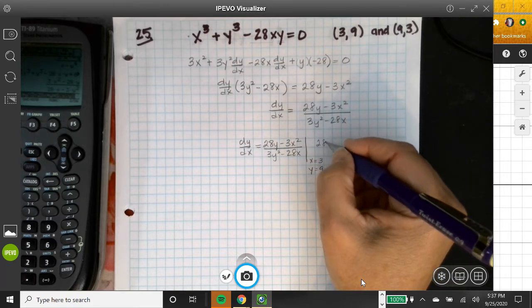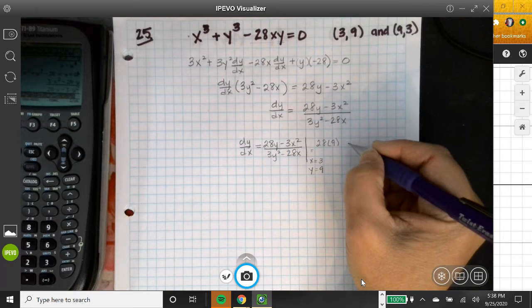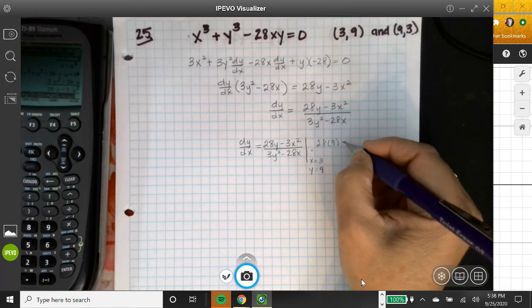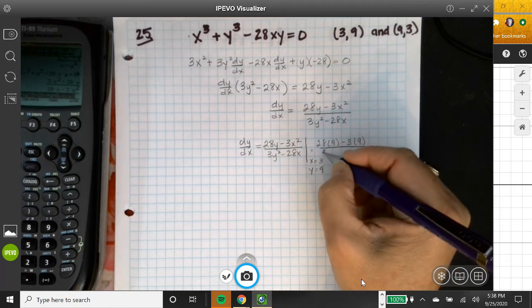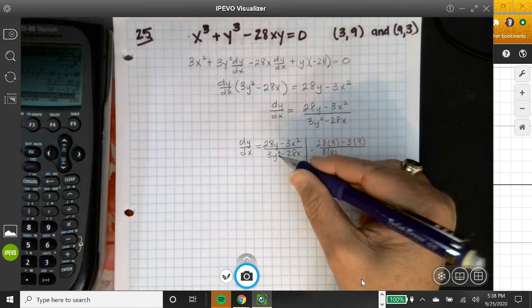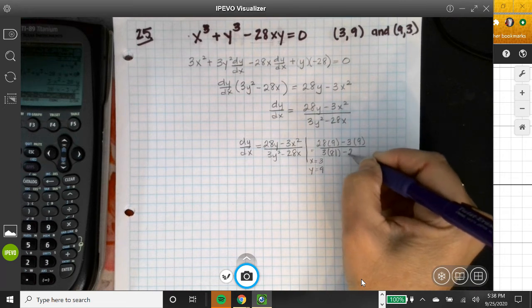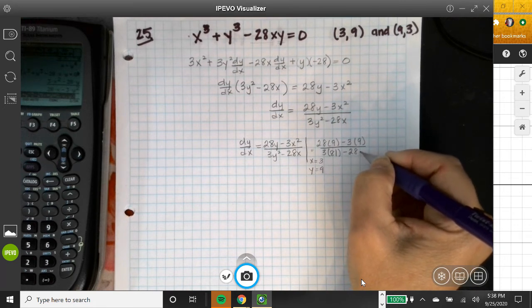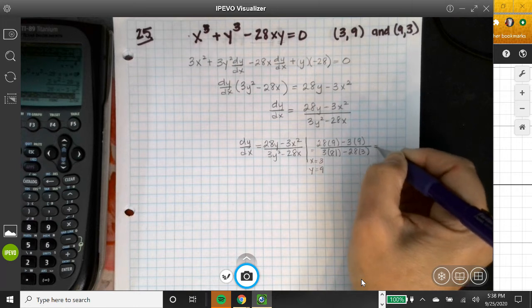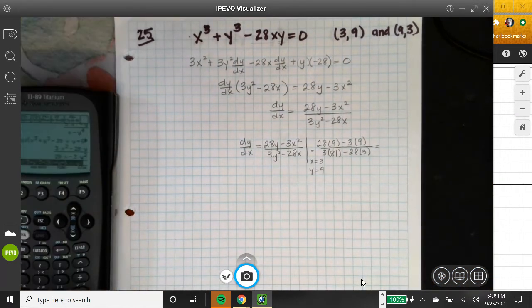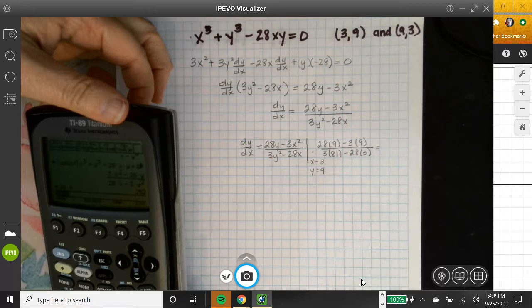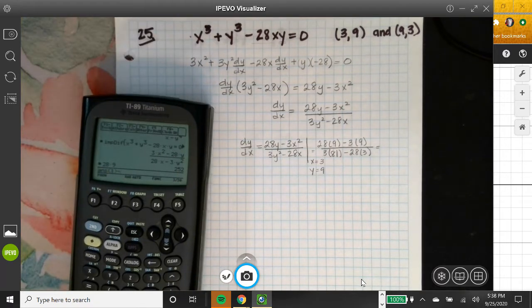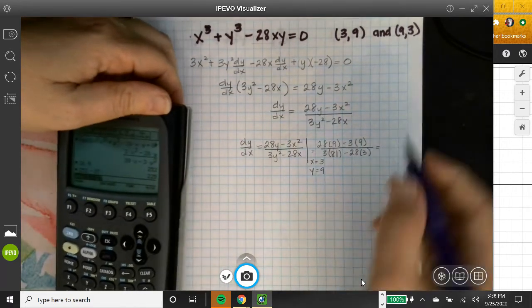So that's going to be 28 times 9, because that's the y, minus 3 times 9, because that's the x, all over 3 times 81, because that's 9 squared, minus 28 times 3. All right, I'm going to multiply this out. And we get 28 times 9 is 252 minus 27 in the numerator, and I get 225.